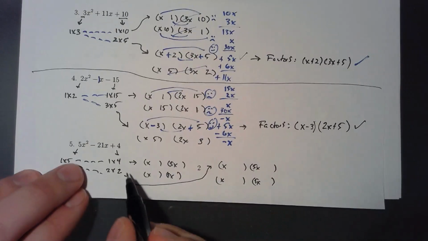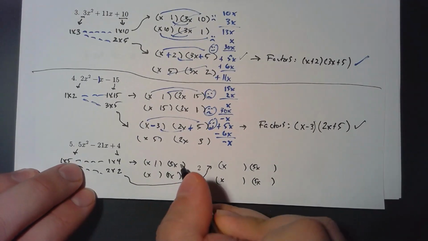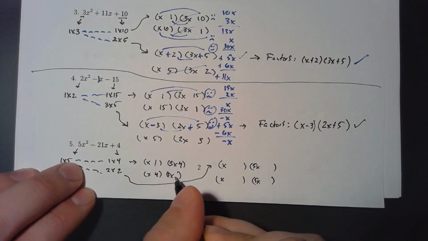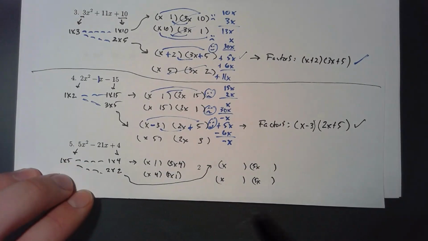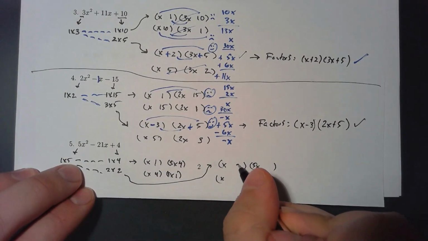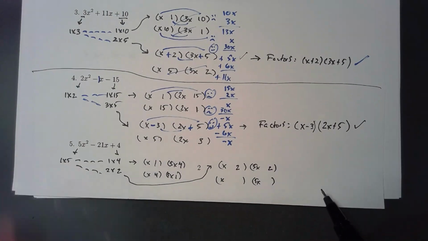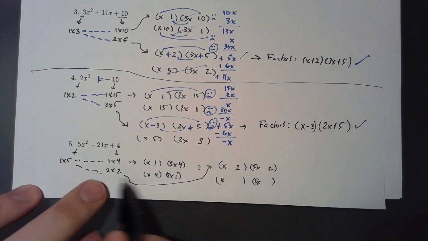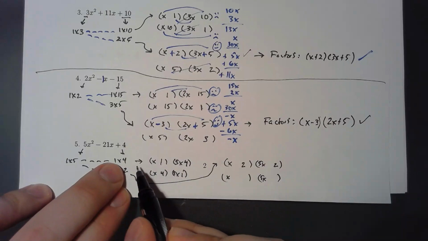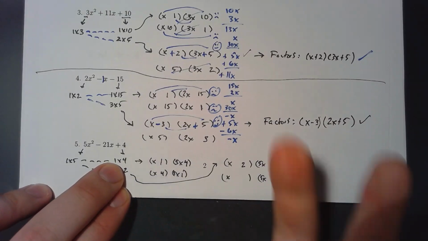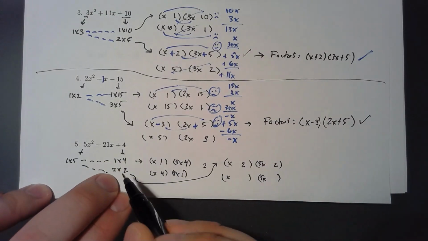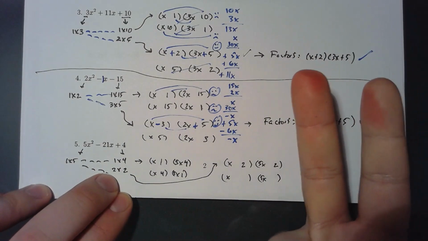Alright, the first pair is going to be 1 and 4, or 4 and 1. The next pair is going to be 2 and 2. Now look at this. See how 1 and 4 was 1 and 4, and then 4 and 1, I swapped them around, right? Well, if I swapped 2 and 2 around, what am I going to get? I'm going to get 2 and 2.